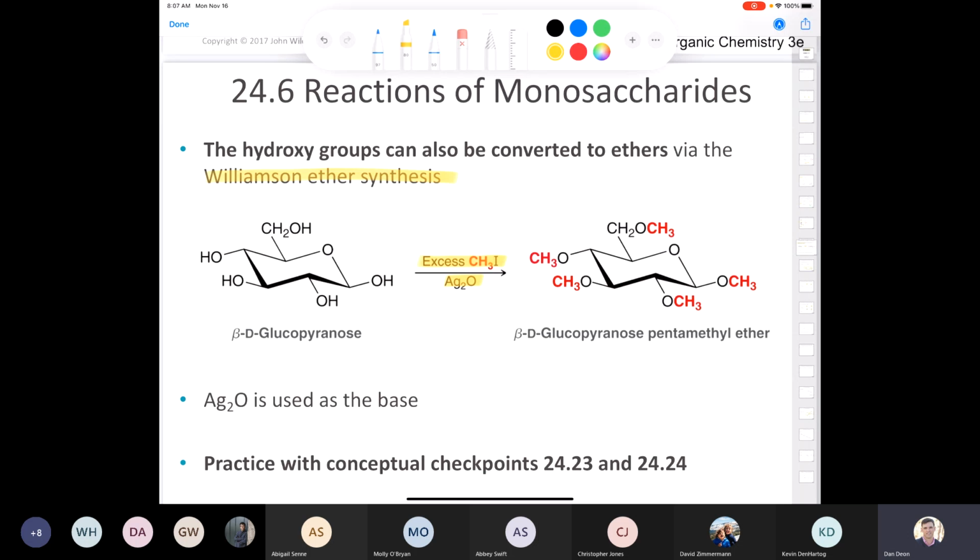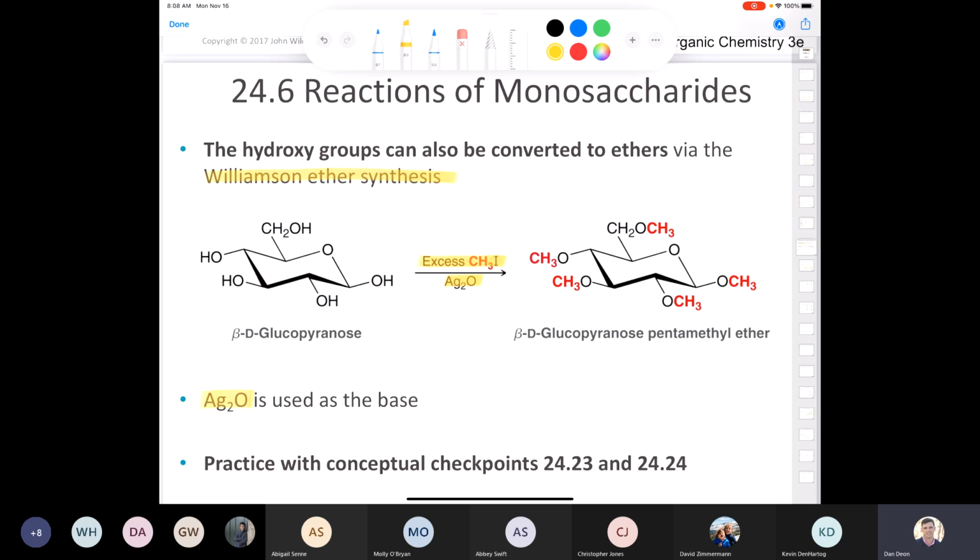Now you might be wondering, how come we don't use sodium hydroxide or sodium hydride or LDA? The reason we use silver oxide is because it's a mild base. What you're going to see later in this lecture is that if we take beta D glucopyranose and treat it with a strong base like sodium hydroxide, that is not going to work, because the molecule undergoes what's called epimerization.